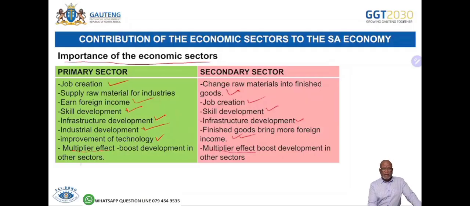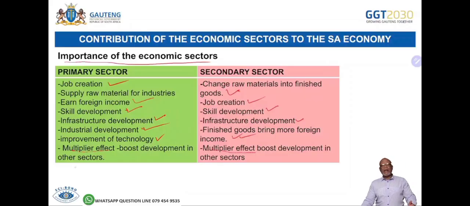Now let's look at the secondary sector. Let's say, for an example, the industry is the industry that is manufacturing cornflakes. So what will be the multiplier effect? They manufacture cornflakes only, but the cornflakes must be packaged. So there's going to be an industry that develops boxes for packaging those particular cornflakes.